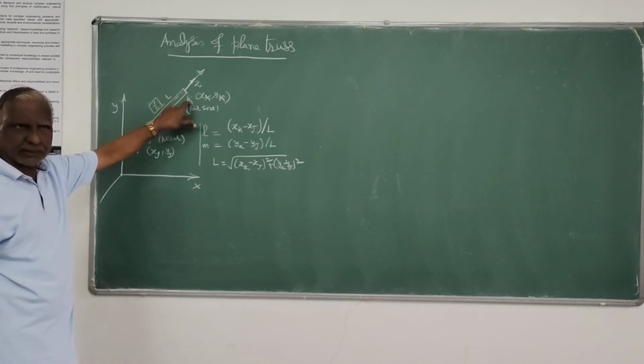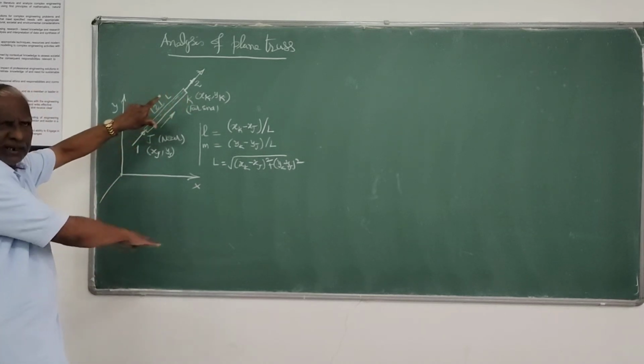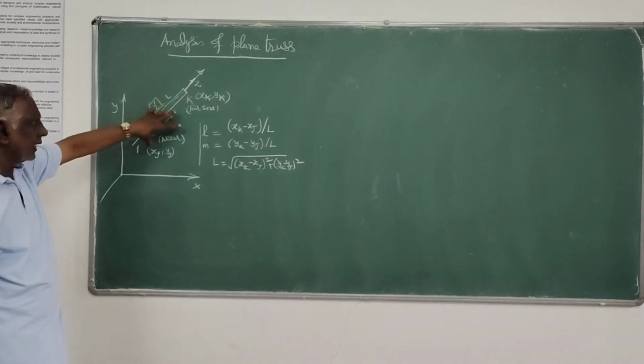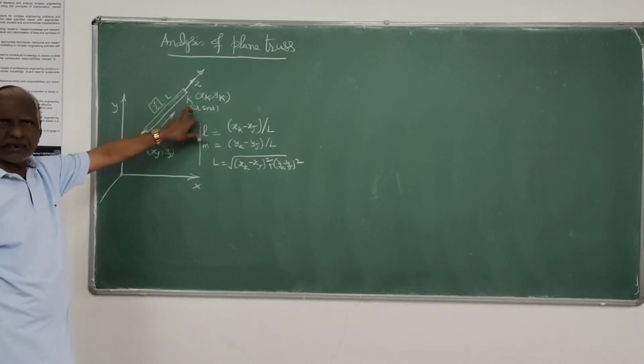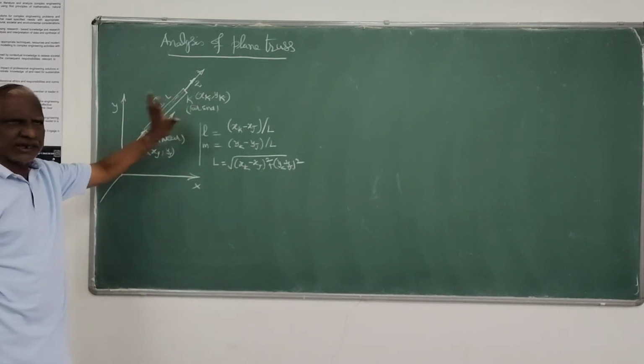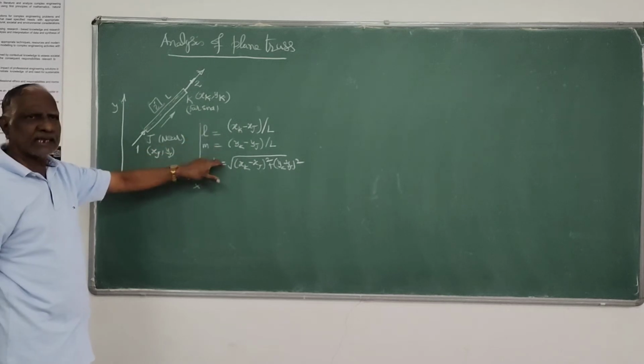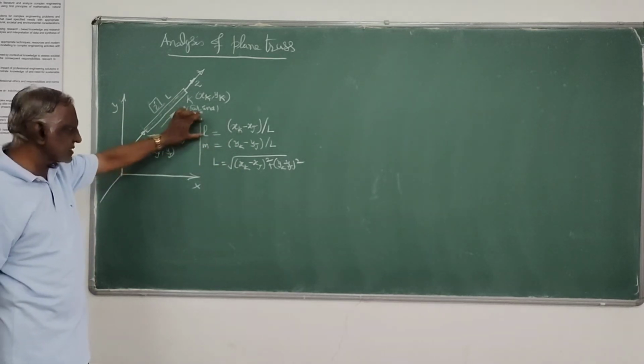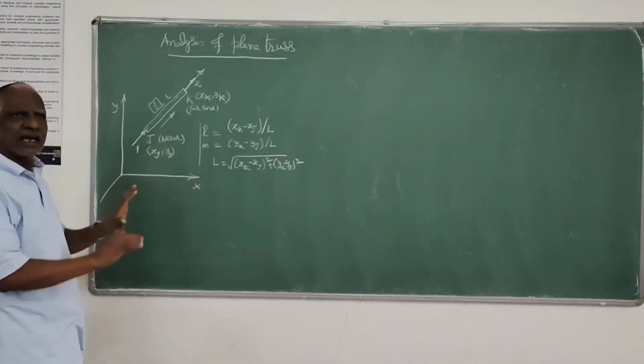First, the joint information. We have to select a global coordinate system. With respect to the global coordinate system, we have to find out the joint information, that is the coordinates of all the joints. Then find the element geometrical properties, its direction cosines, length, everything.